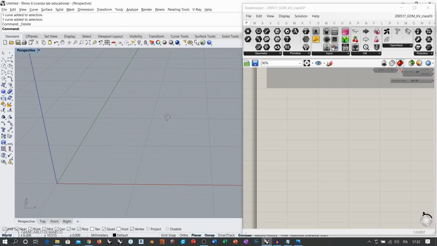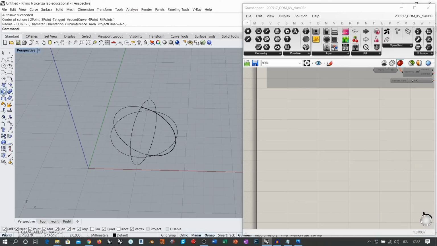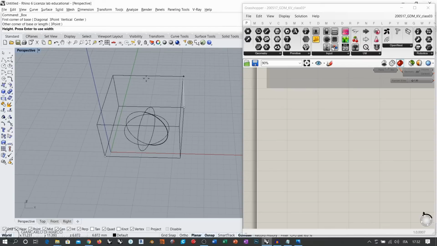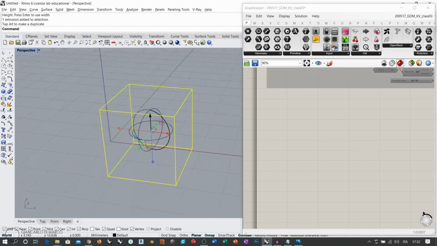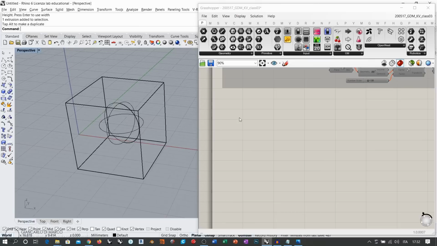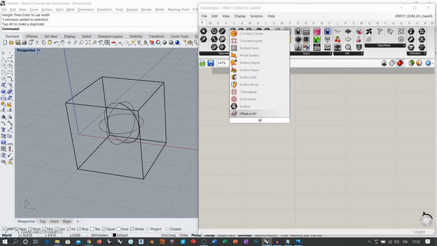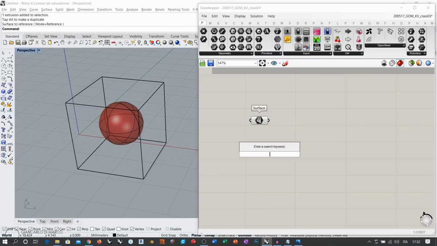So let's say that we want to create something like a sphere expanding inside a cube. Let's start with something very, very simple. Okay, something like this. So these are my 2 main elements. I want to import the surface and the vrep object.